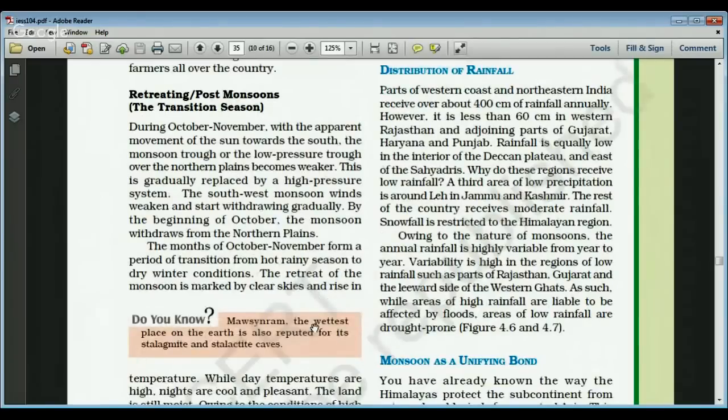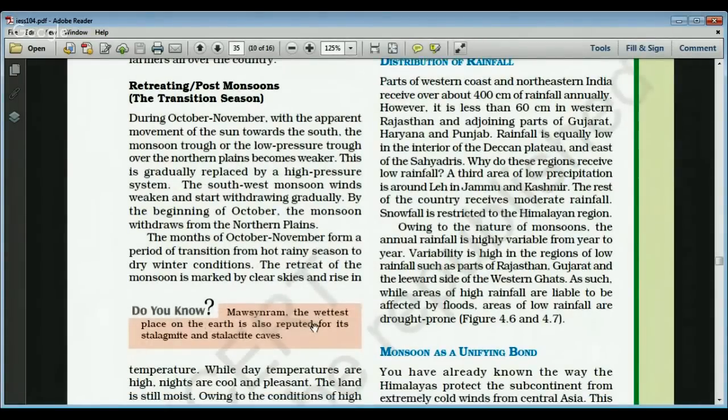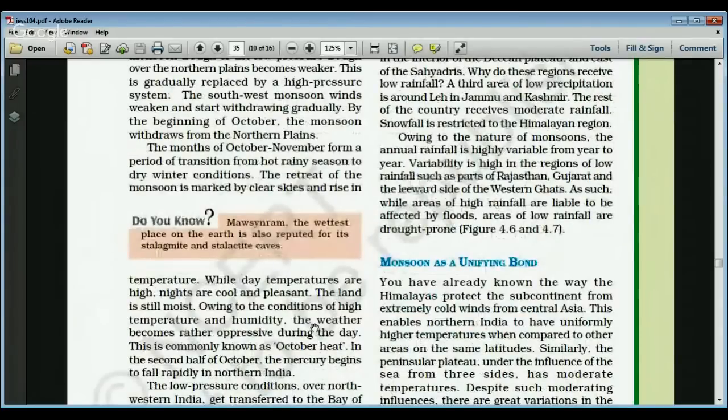And by the beginning of October, the monsoon withdraws from the northern plain, and the months of October and November form a period of transition from the hot rainy season to the dry winter season, and the retreat of the monsoon is marked by clear sky and rise in the temperature.